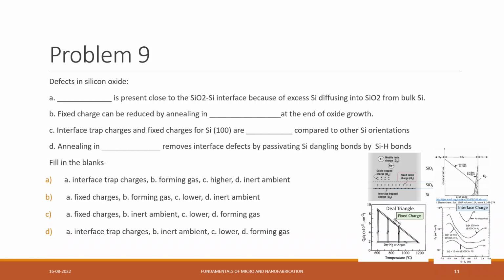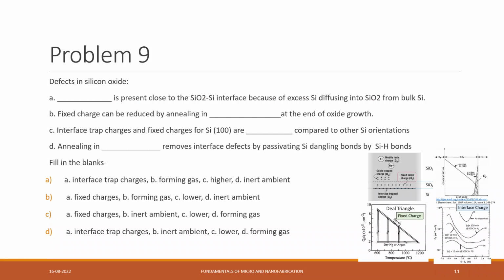So the thing is this one. A is present close to the silicon oxide interface because of silicon diffusing into silicon oxide from bulk silicon.